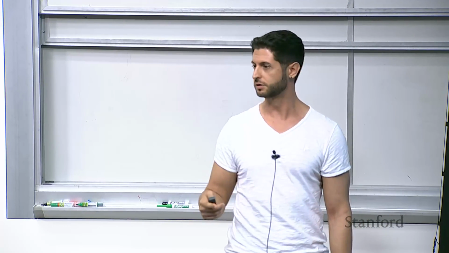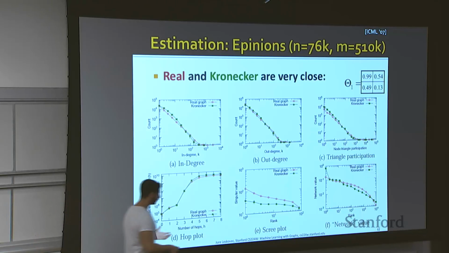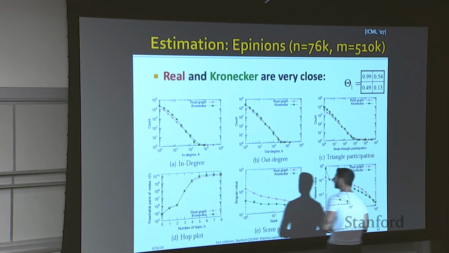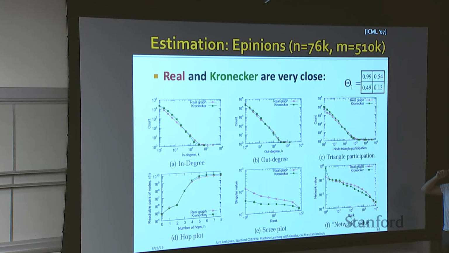Any other questions? Okay, so let me show you just a last slide, a real-world example and how well this model works. So we took the Epinions network. It was a relatively old social network where people were sharing opinions and reviews and so forth. So number of nodes is 76,000. Number of edges is 510,000.